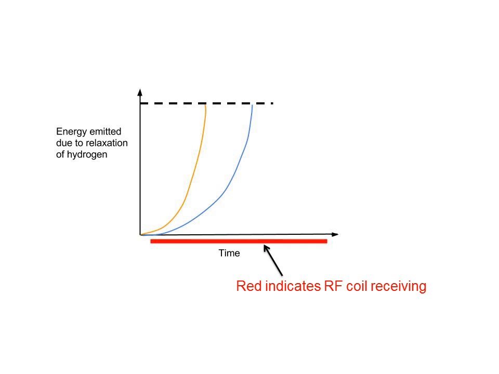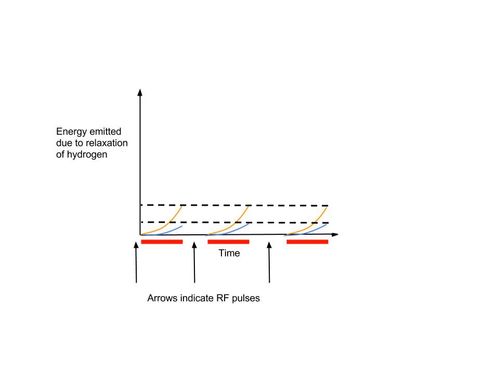So in practice, how we get around this is through the use of multiple RF pulses emitted in fairly quick succession. Now the start of this graph is the same as before. An RF pulse is finished, and both the tissue type with the short T1 constant in orange and the one with the slower T1 constant in blue start emitting their energy at their different rates.